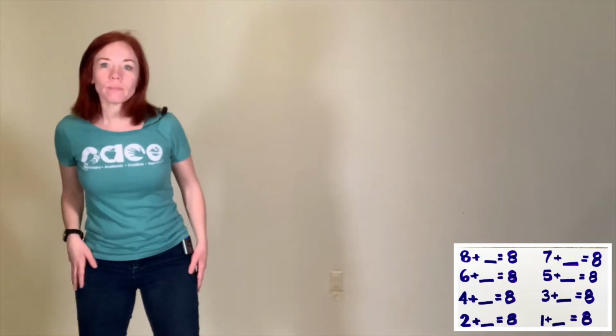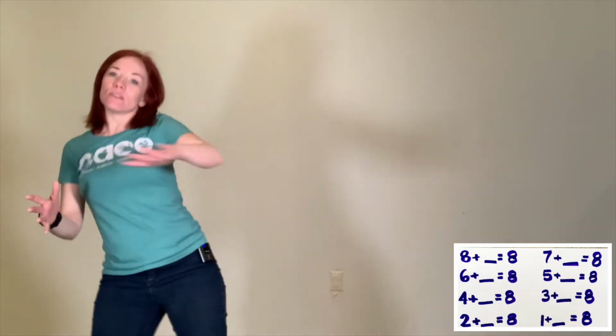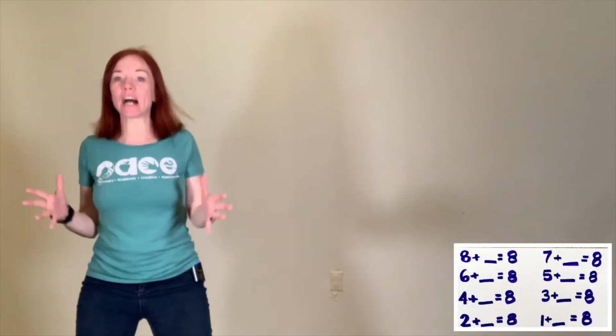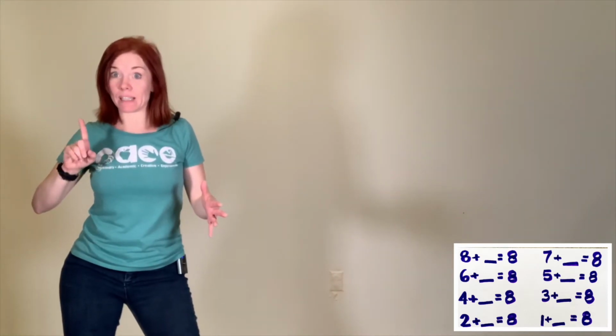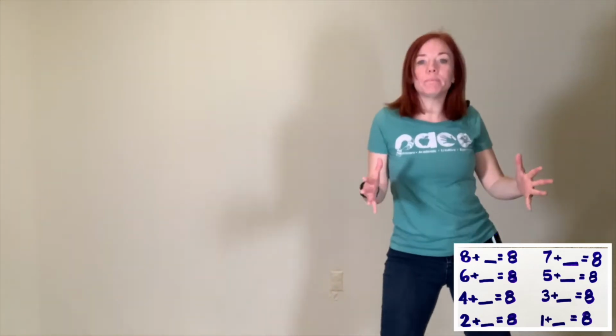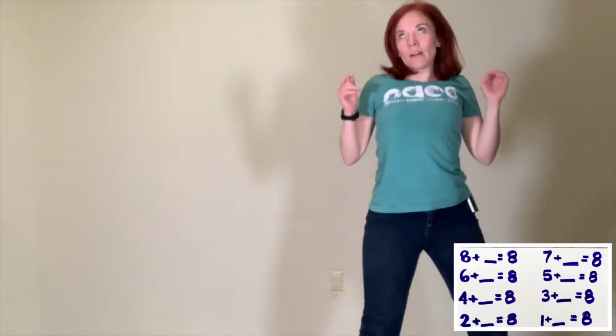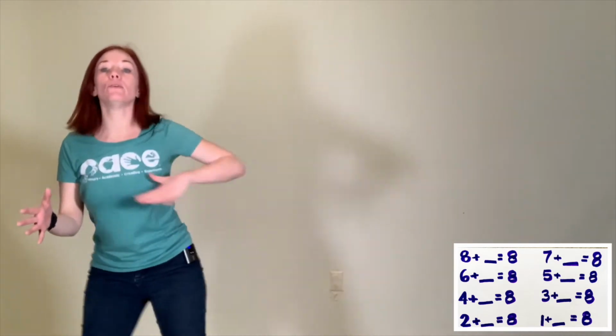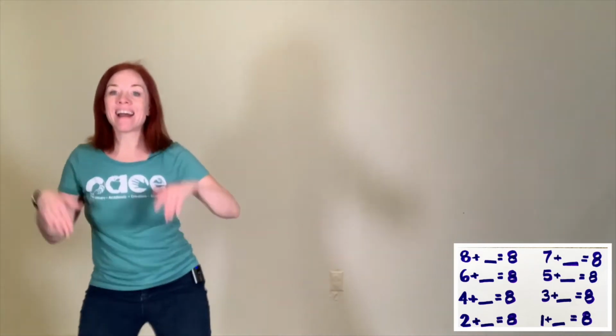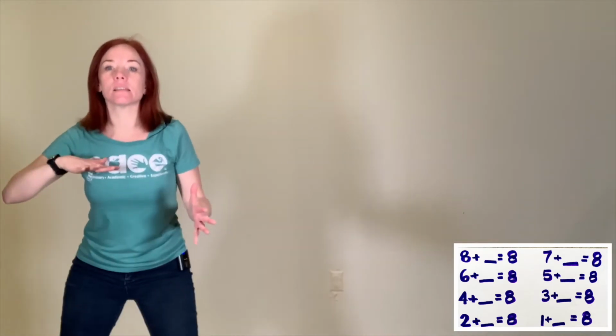Let's do 6 plus what equals 8? 1, 2, 3, 4, 5, 6. We stop at 6. Plus what equals 1, 2, 3, 4, 5, 6, 7, 8. Let's see. 1, 2, 3, 4, 5, 6.